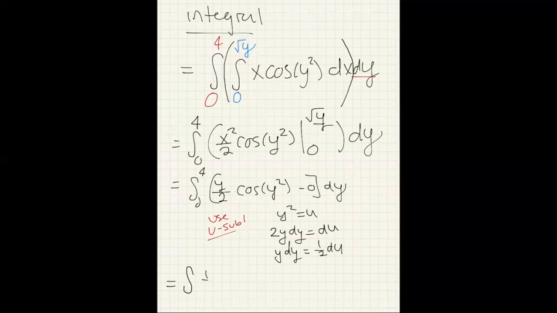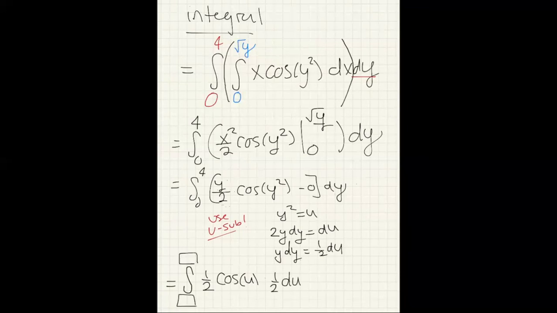So I still have that 1/2 remaining from that 1/2 you see in that denominator right here. Now I've got cosine, but not with y squared. That's easy. That's just a u. And then remember, my y combined with my dy gives me a 1/2 du. The last thing I've got to do is figure out what my bounds are.